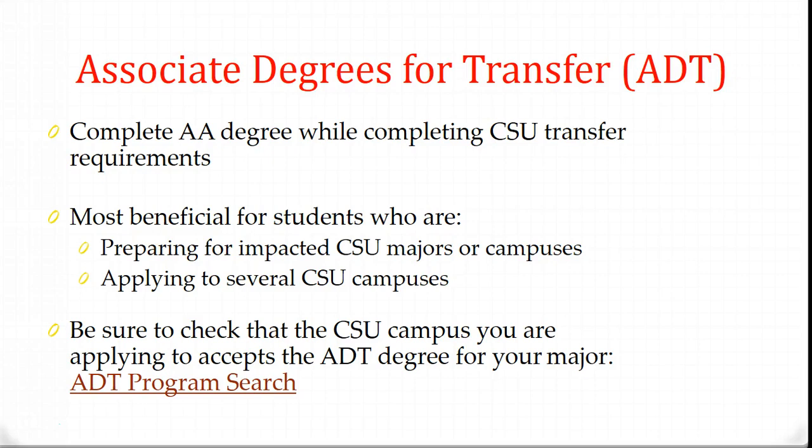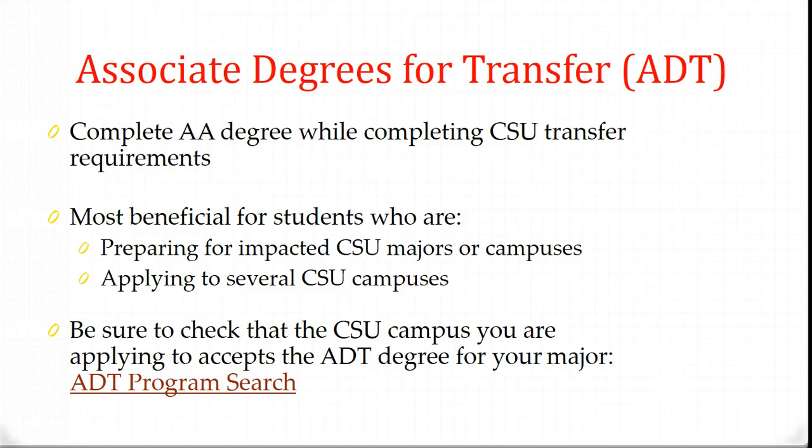So basically, the associate degree for transfer enables a student to complete an associate's degree while completing their CSU transfer requirements. Although the major is beneficial for all students, it's most beneficial for students who are really preparing for impacted CSU majors or campuses, and also students who are applying to several CSU campuses.